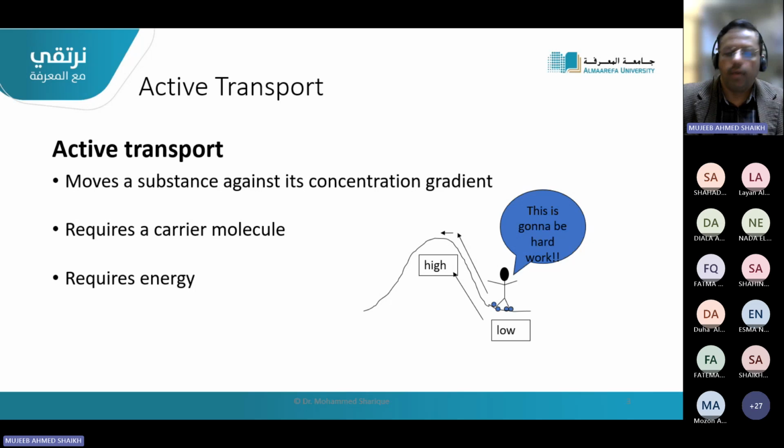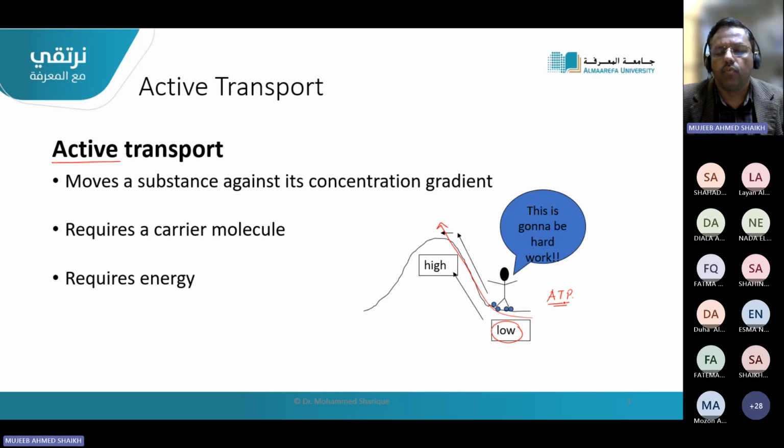As we already discussed in the previous chapter, passive means from higher to lower side without use of energy. But active means it has to be from the low side, that is lower concentration, to the higher concentration, and it requires energy.